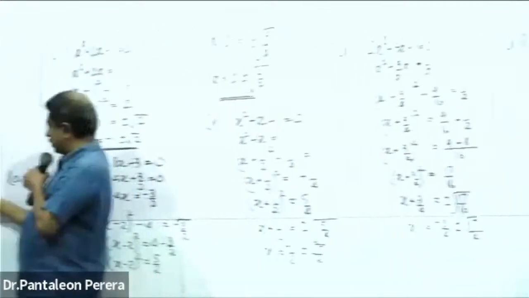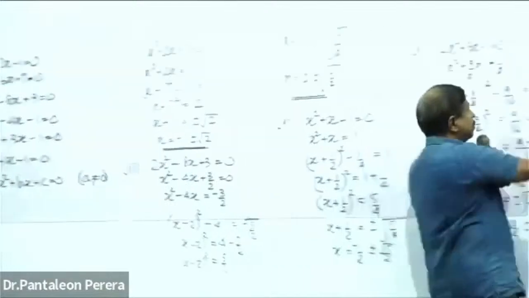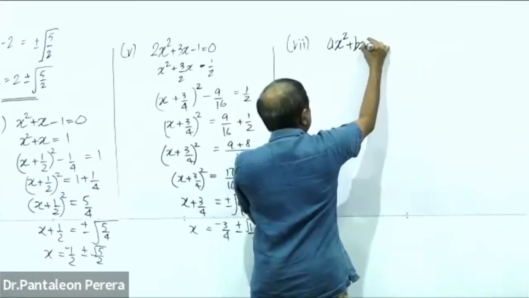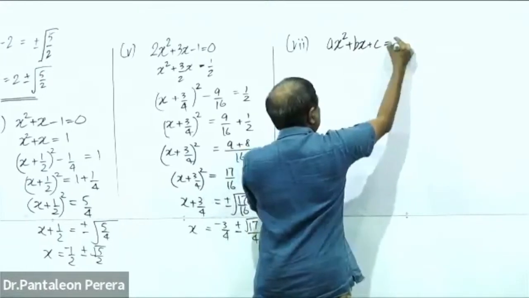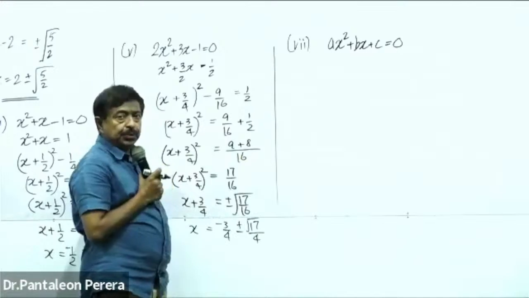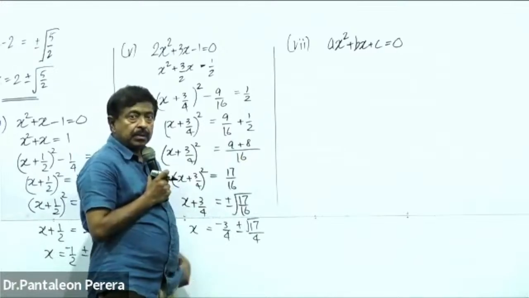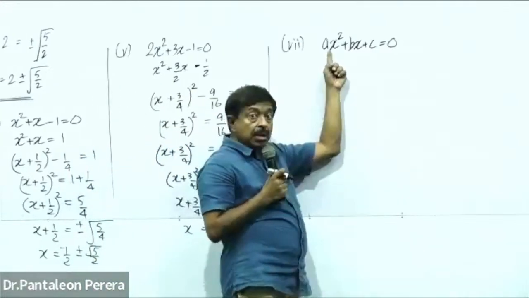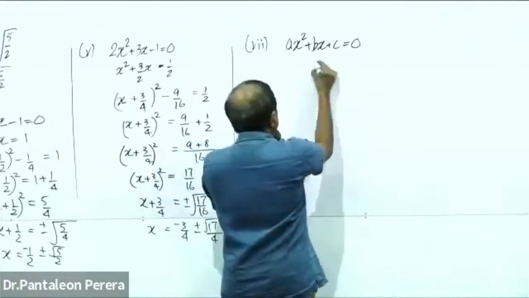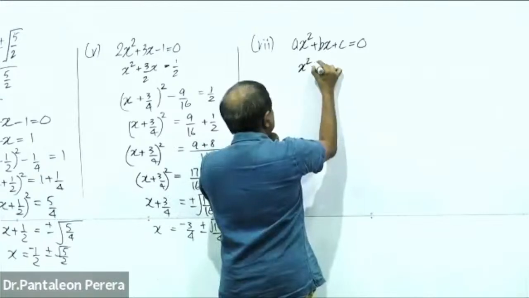It is this. In the first place, you need to notice that the coefficient of x squared is a. So you have to divide it by a.